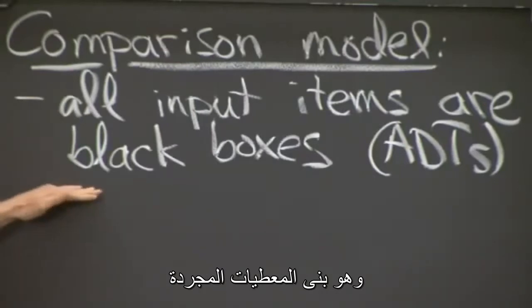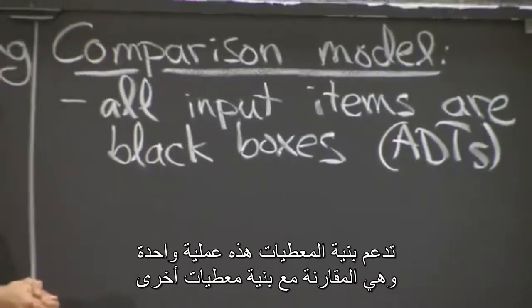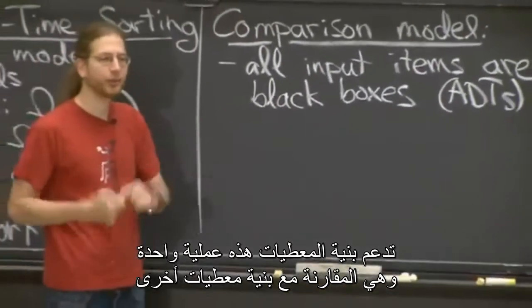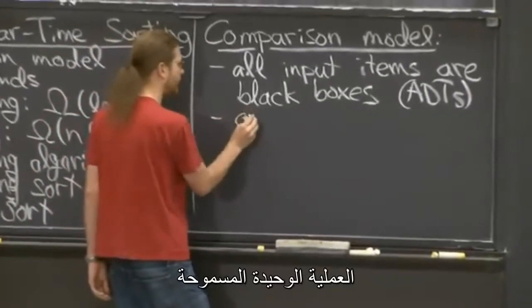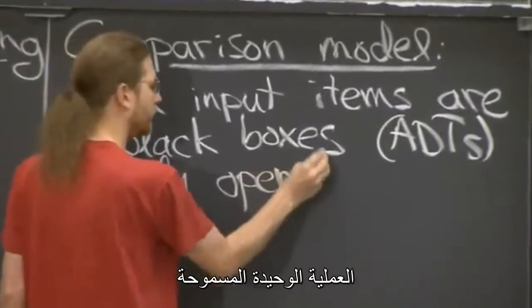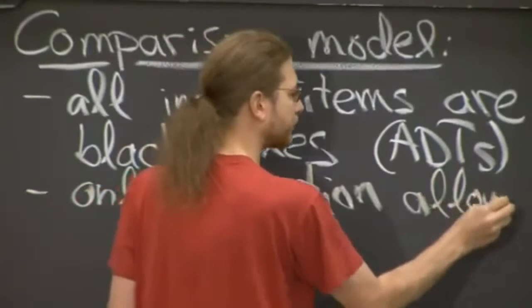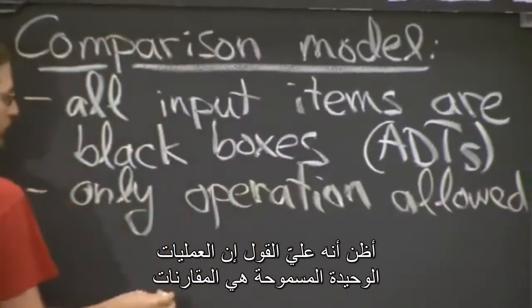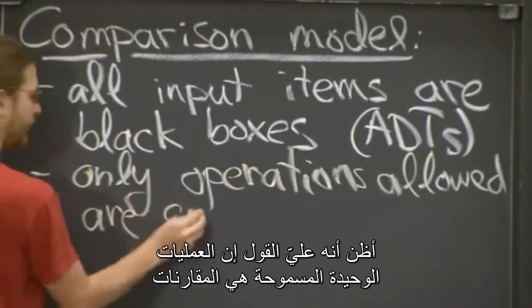So it's a data structure, if you will. Every item that you're given is a data structure. You want to sort them. And the data structure supports a single operation, which is compare to another one. The only operations allowed are comparisons.